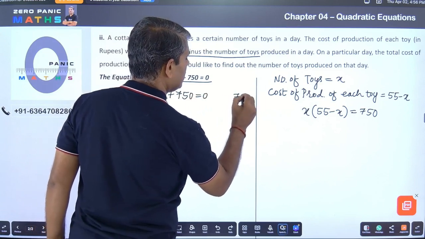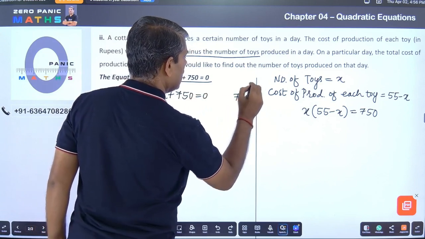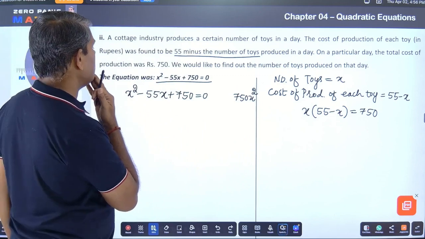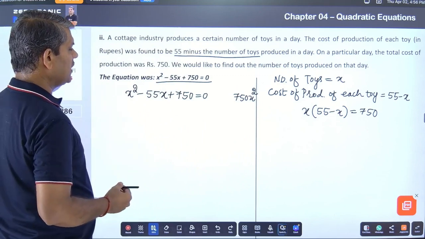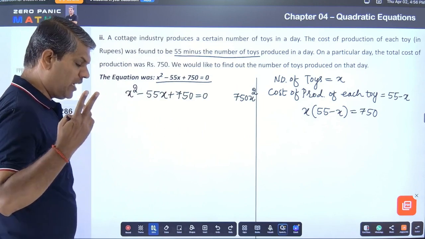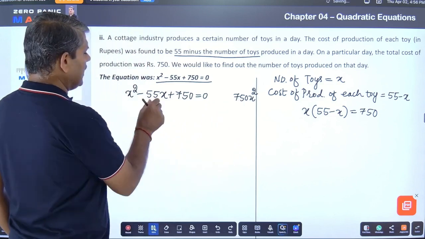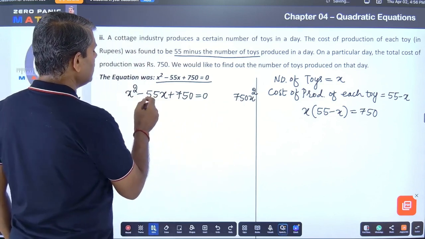If you look at 55 and 750, we need two bigger numbers, because our product is 750 and adding them should get us 55.